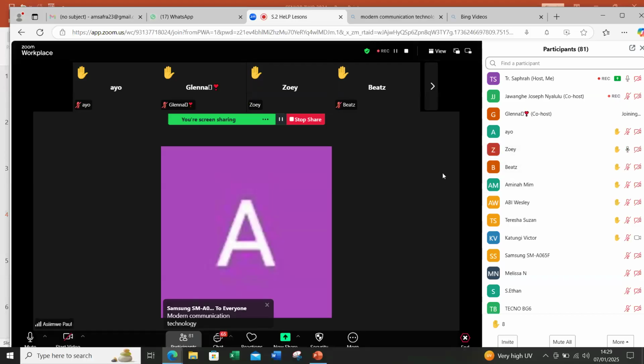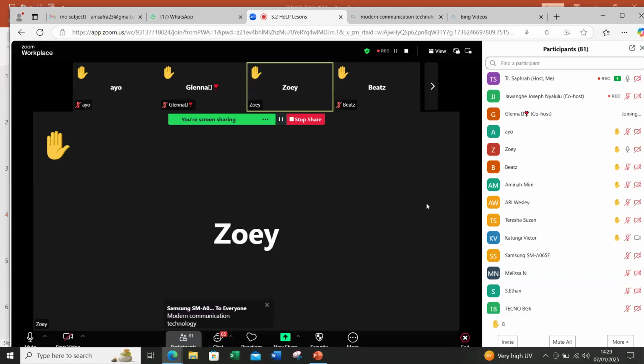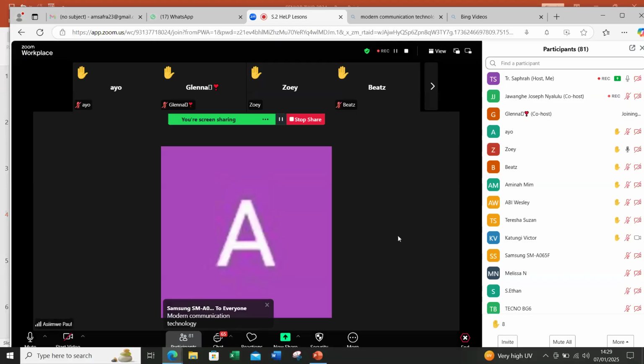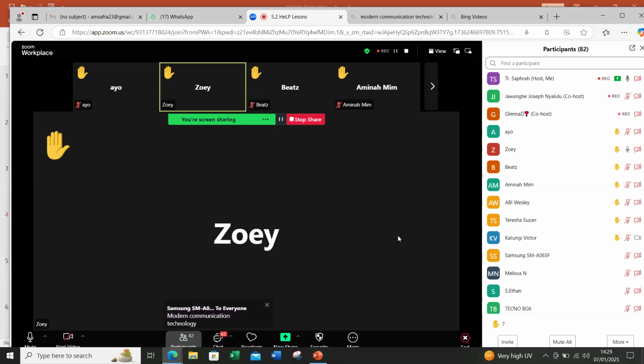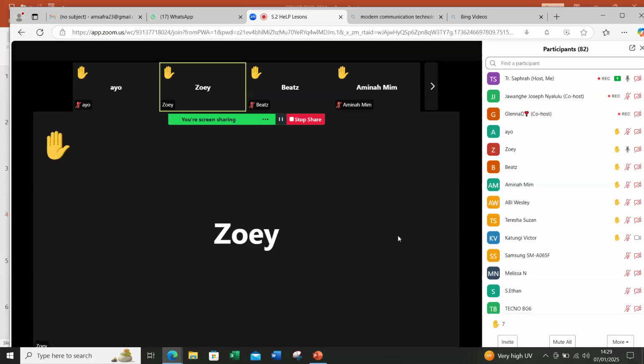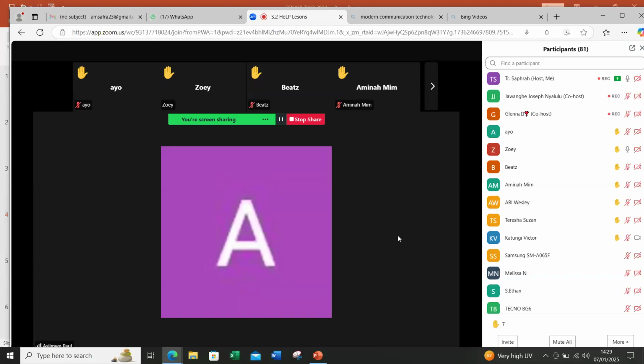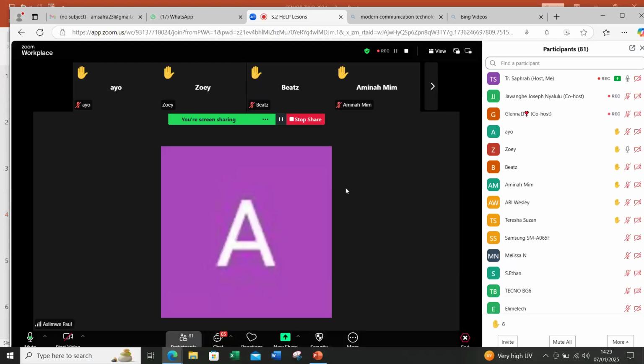Its communicating range will be low. The rate, the speed. Yes, the speed at which it shares the data is going to be slower. Yes, thank you so much, Zoe, for sharing with us.